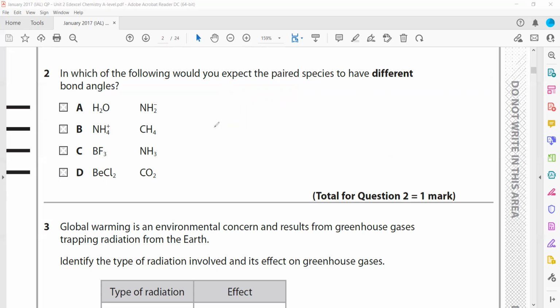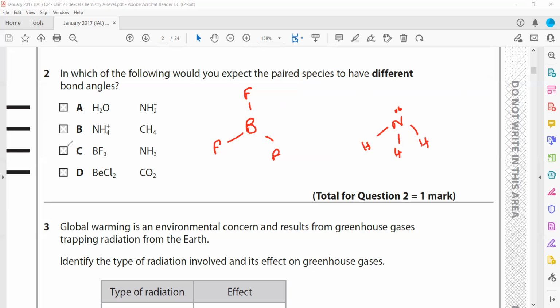When we check BF3, boron trifluoride, boron does not have any lone pair, only 3 bond pairs. But in the case of NH3, 3 bond pairs and 1 lone pair. So BF3 will be trigonal planar, and NH3 is pyramidal. So they will have different geometry.